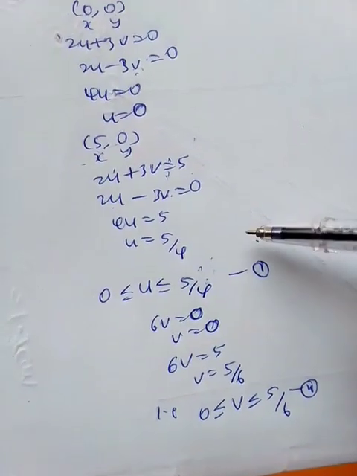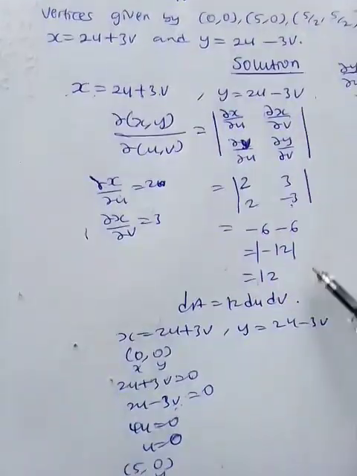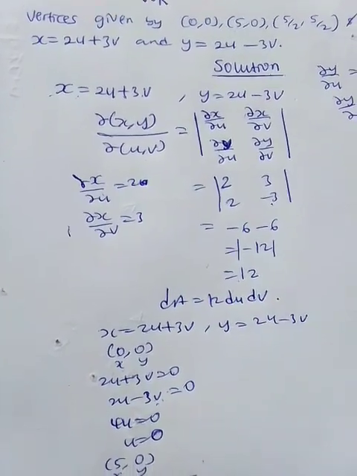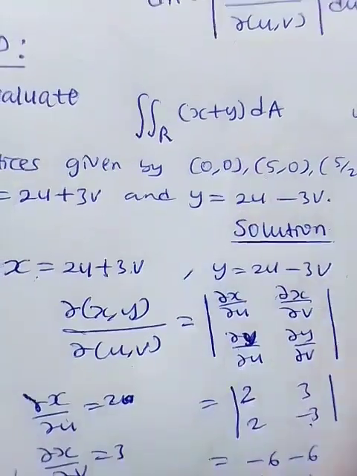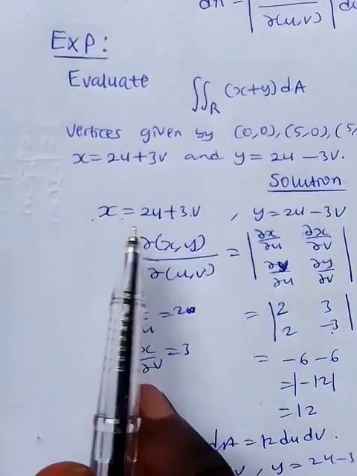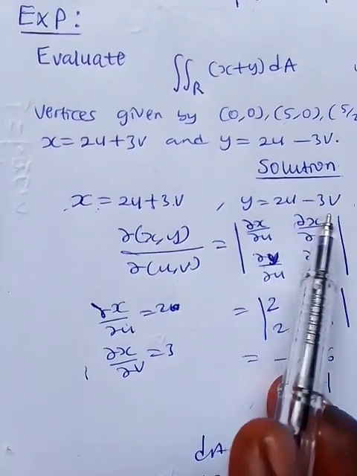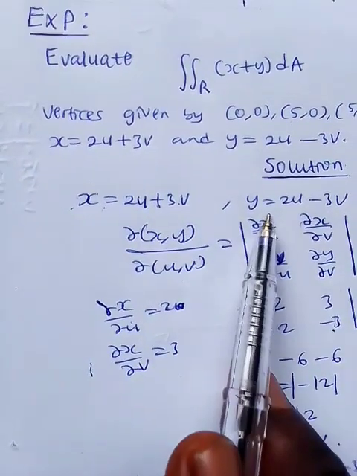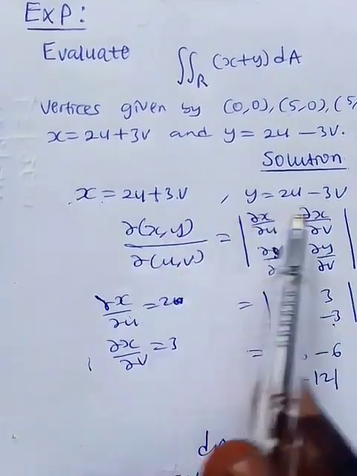Since we have obtained our interval for u and v, we can now evaluate our integral. And we already obtained the value for dA, which is this. So now we can do our transformation from the xy plane to the uv plane. We are given that x is 2u plus 3v and y is 2u minus 3v. So when we add these two together, that will be 2u plus 2u, that's 4u, and 3v minus 3v will vanish.